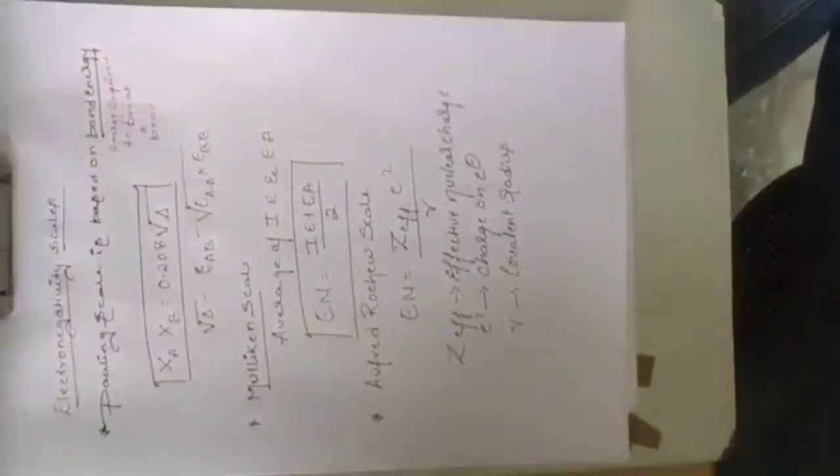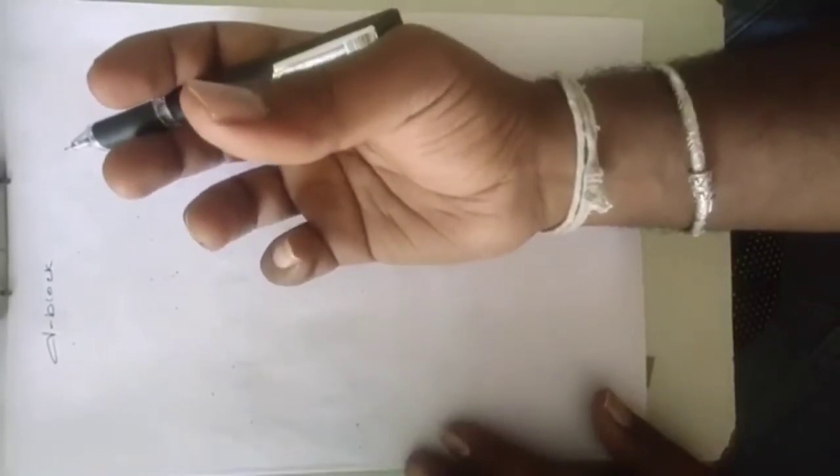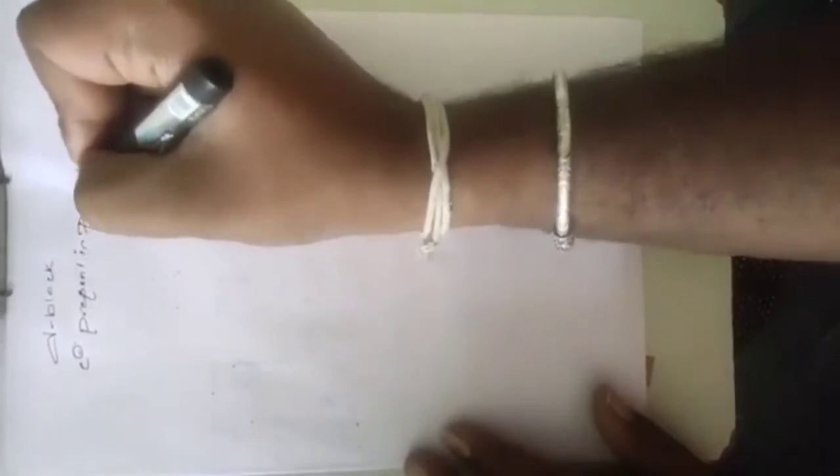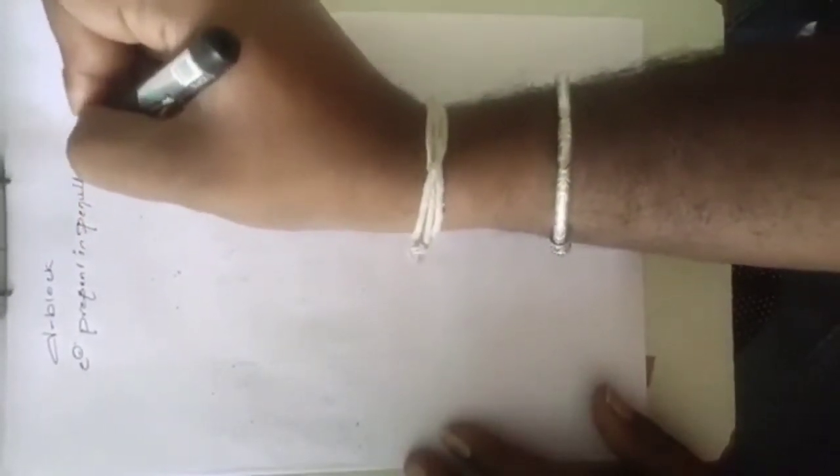Next we are going to discuss d block elements. In d block elements, electrons are present in the penultimate shell and outermost shell.